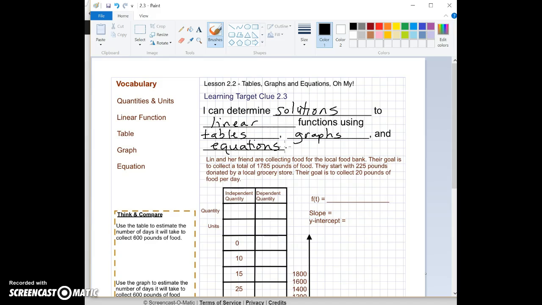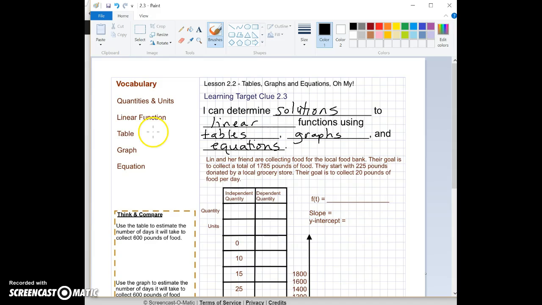Hope that makes sense. Linear function, that's the one thing that we're probably the most familiar with. It's graphed as a line, and it has an x and a y variable. You can graph it on the coordinate plane, and you understand what a linear function is.